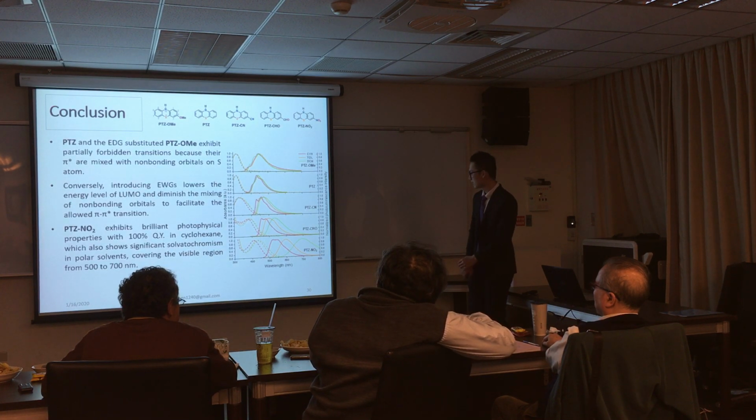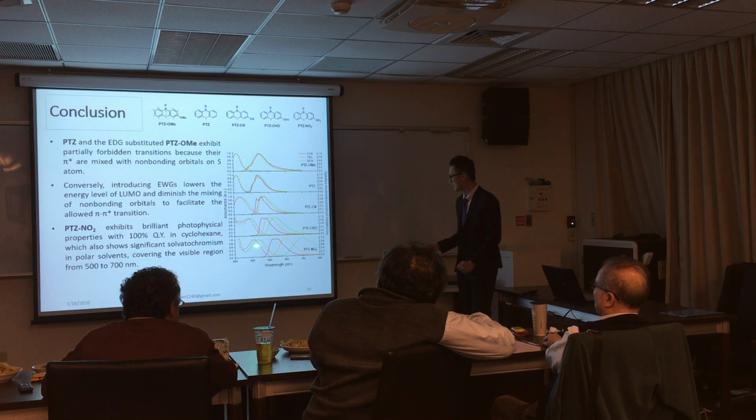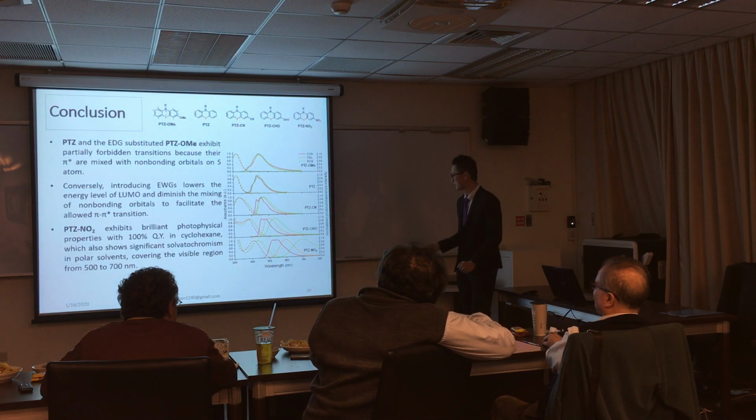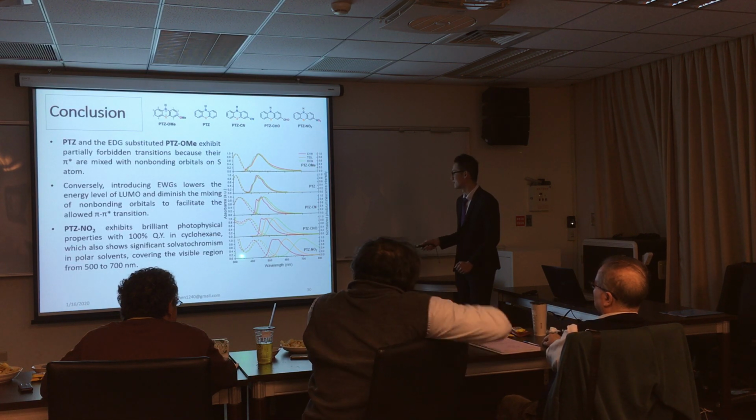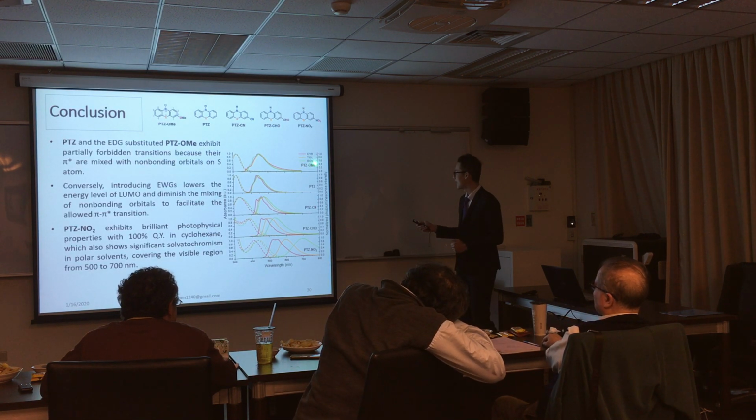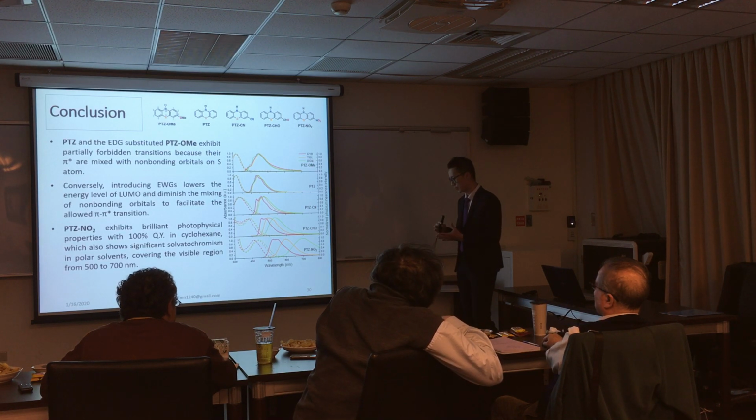Okay, so from here we can see that there is a little shift over here. It means that in non-polar solvent there is no solvatochromism, but in higher polarity solvent, the solvent is polar, so it will arrange itself to satisfy the dipole moment of the molecule. So the charge transfer is already happening at the ground state.